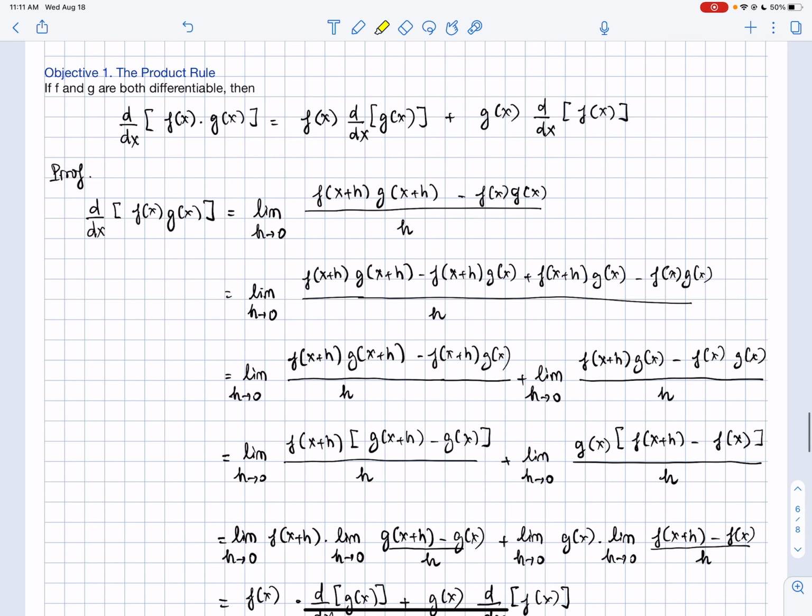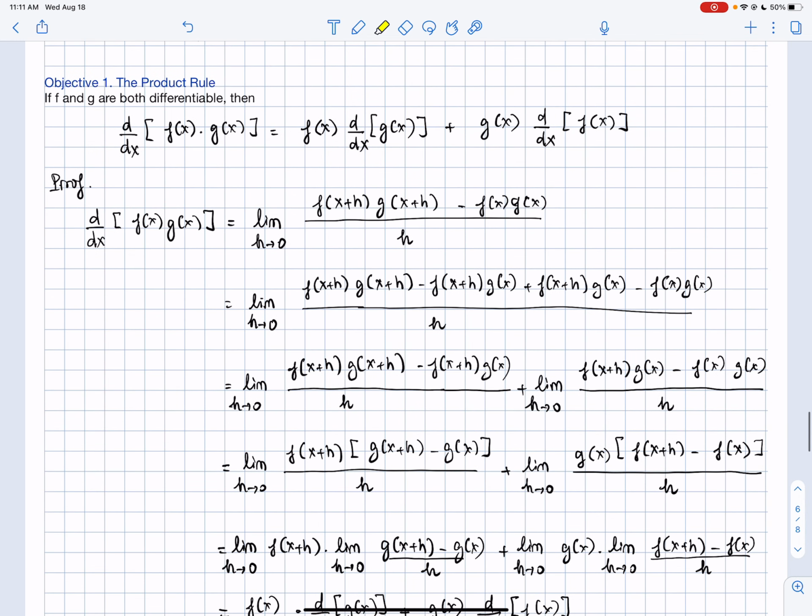We want to do the proof for this, so we begin from the first derivative of the product g and f. Then by definition, this is the limit of the function at x plus h minus the function itself, divided by h. Now we're going to place a little trick in here.